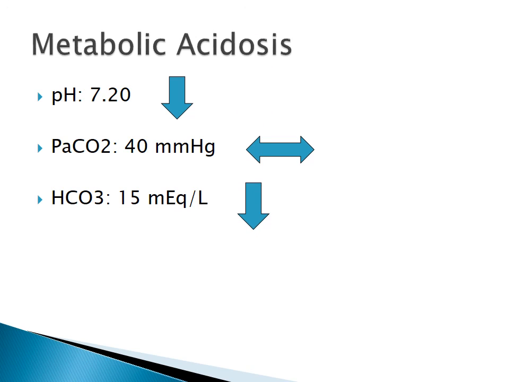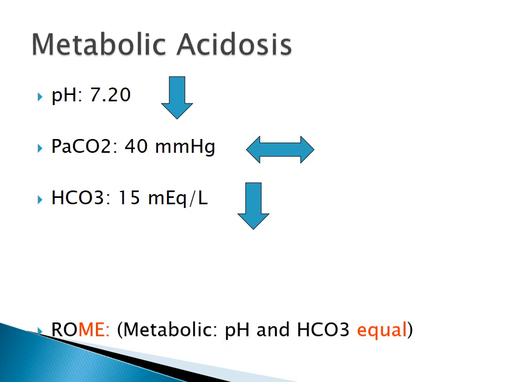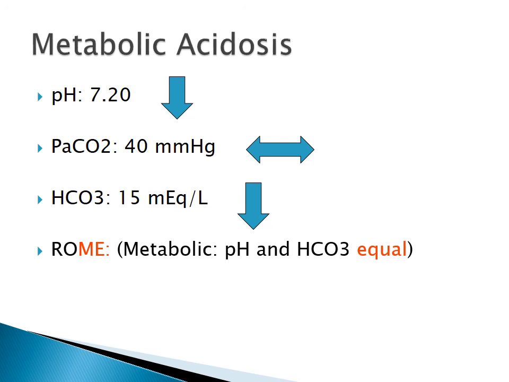So our pH is down, our bicarb is down. We know that they swing together. And so that means that this must be, we already knew it was acidotic, now we know it's metabolic. And so here is the acronym, the mnemonic, ROME.